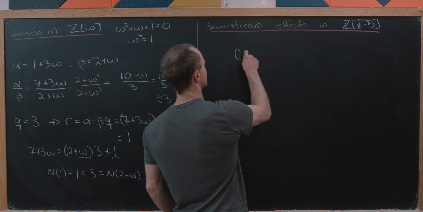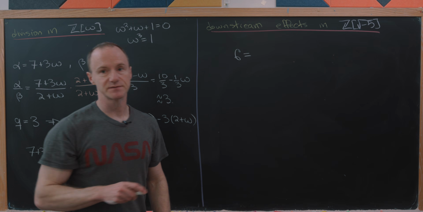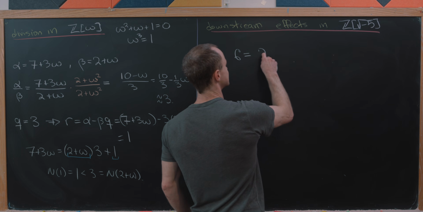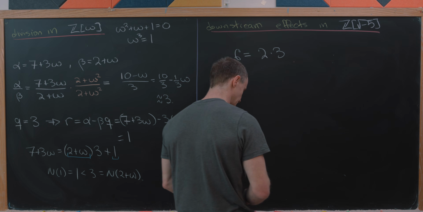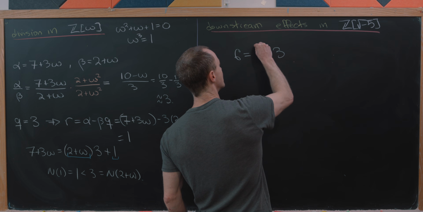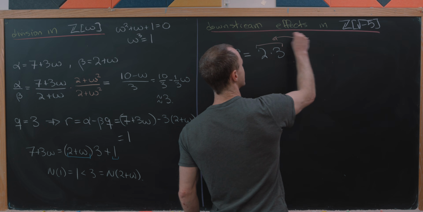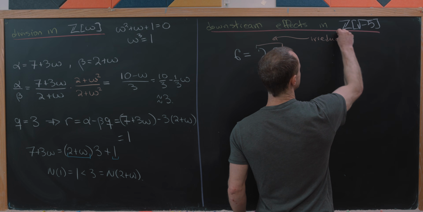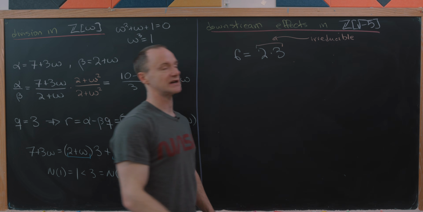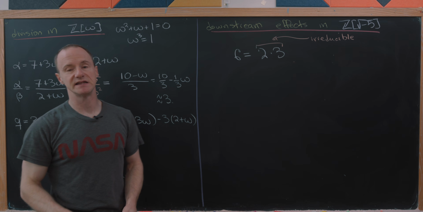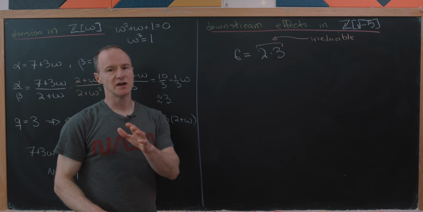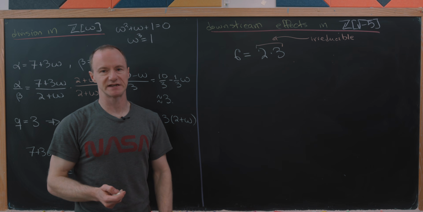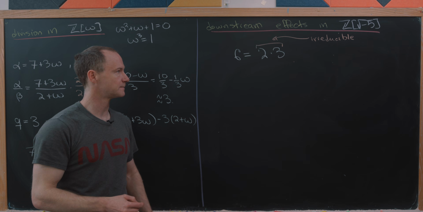Let's start with the number 6. Let's observe that we can factor 6 as 2 times 3. And both of these numbers, 2 and 3, are irreducible. What I mean by irreducible is they do not factor into smaller parts in Z adjoin root minus 5. You actually have to do a little bit of arithmetic to check that, but it's not so hard.